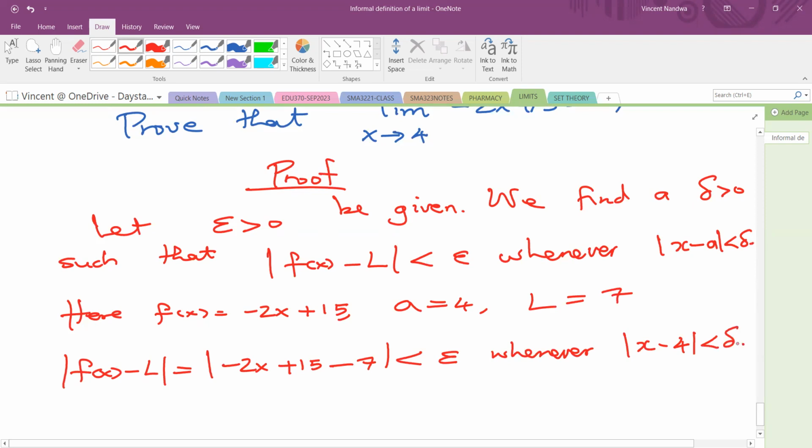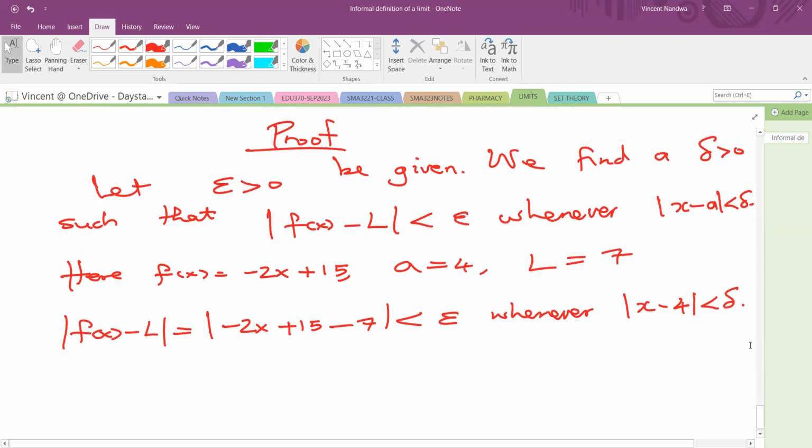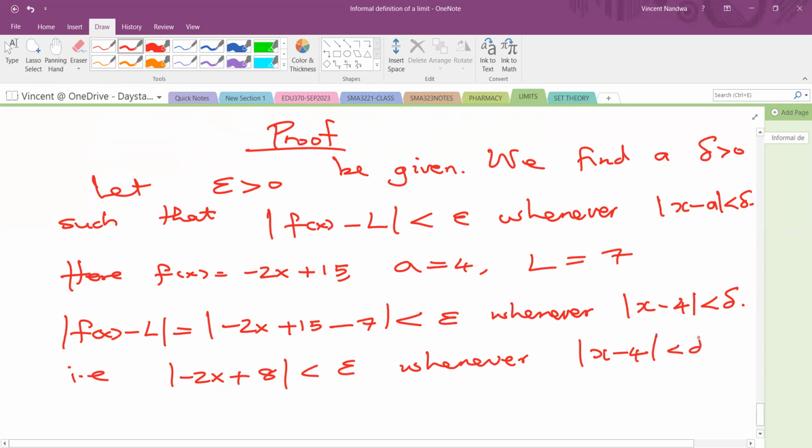That's by definition. So we'll have the absolute value of minus 2x plus 8 is less than epsilon whenever the absolute value of x minus 4 is less than delta.